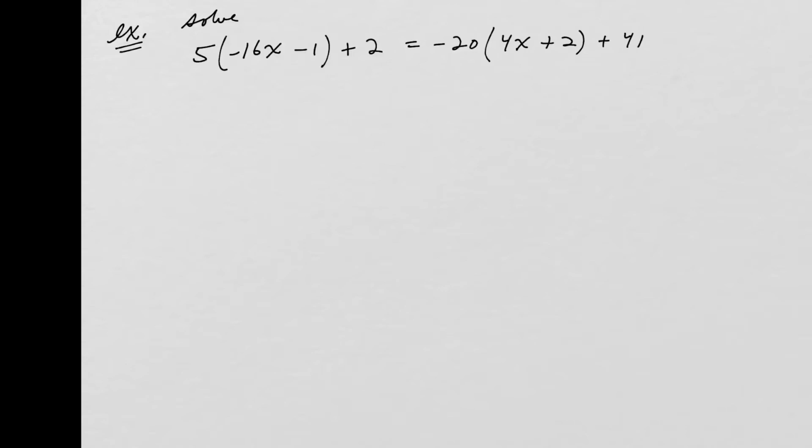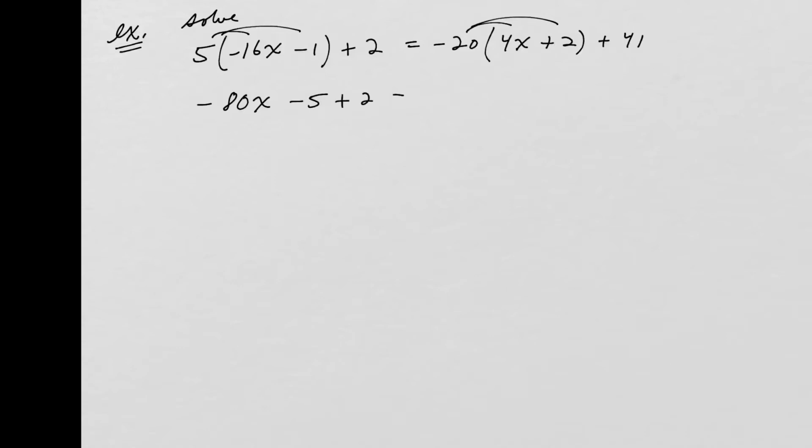Okay, so again, I need to start by distributing the 5 and distributing the negative 20. Right, order of operations. I need to do multiplication before I do the addition there. So 5 times negative 16 is negative 80x. 5 times negative 1 is just negative 5.